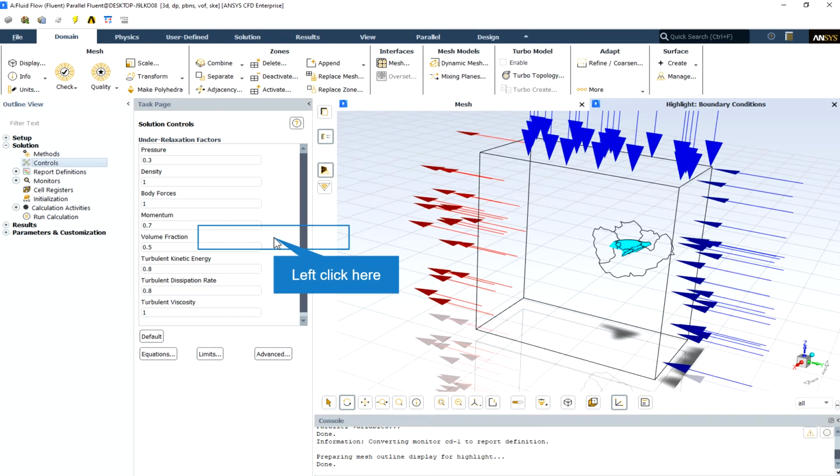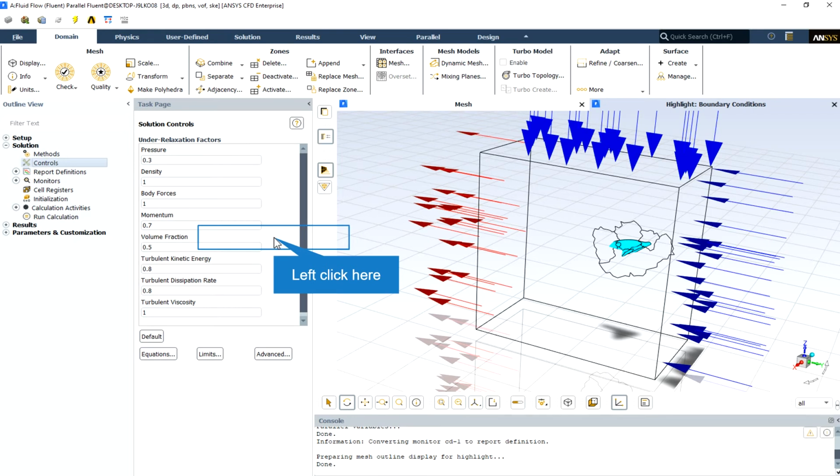These values are suitable for many problems, but for some particularly nonlinear problems, for example, some turbulent flows or high Rayleigh number natural convection problems, it is prudent to reduce the under-relaxation factors initially.